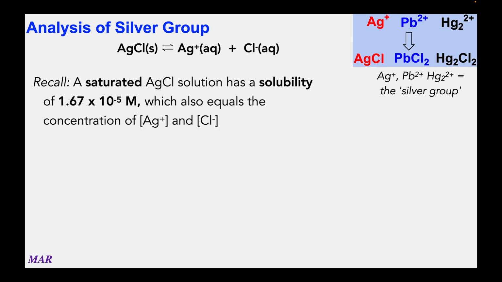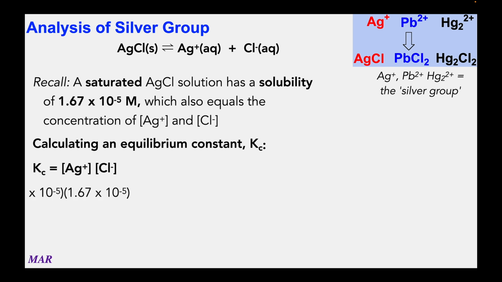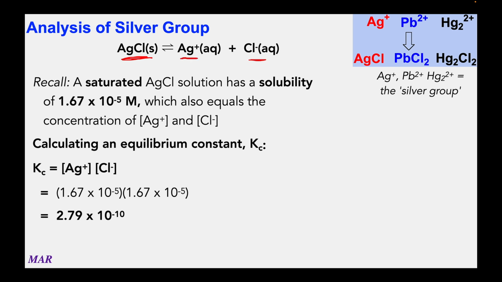If a saturated silver chloride solution has a solubility of 1.67 times 10 to the minus 5 moles per liter, and that equals the concentration of the silver plus and the chloride, there's some cool stuff we can do here. You can calculate an equilibrium constant K based on this reaction. Now, notice the form of this equilibrium constant. The solid is the reactant, for example, AgCl, and the ions that go into it are the products, i.e. silver plus and chloride.